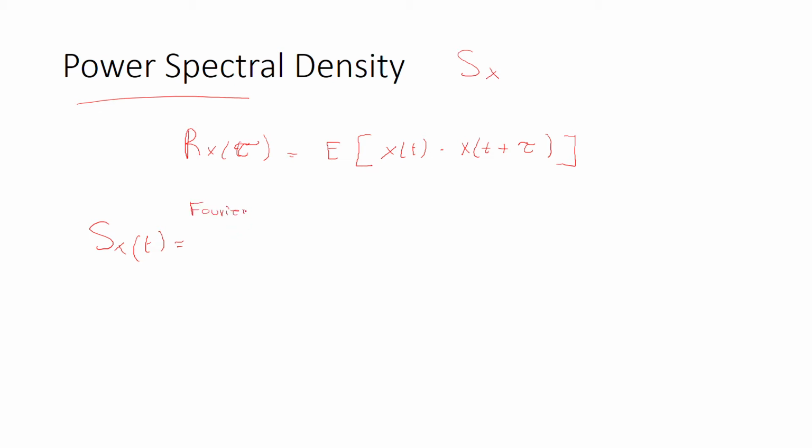Remember, the Fourier transform is just an integral, from minus infinity to infinity, of the function Rx(tau) times the complex exponential e^(-2 pi i f tau). Remember from a previous lecture that tau, or k, denotes the steps.